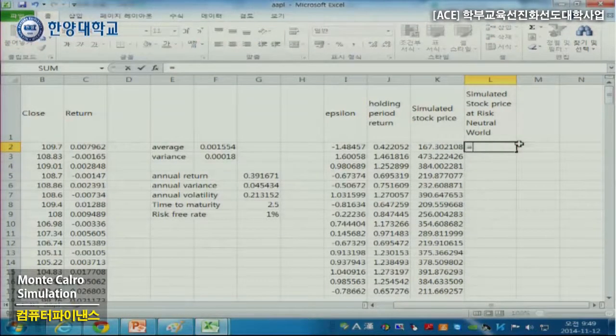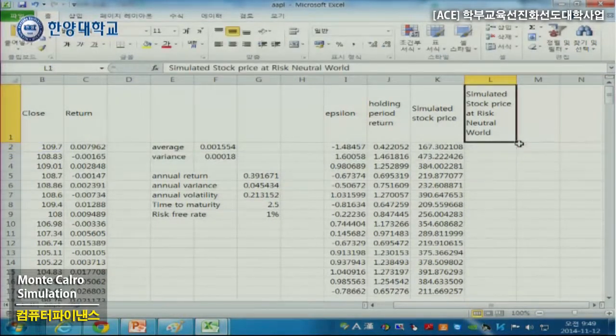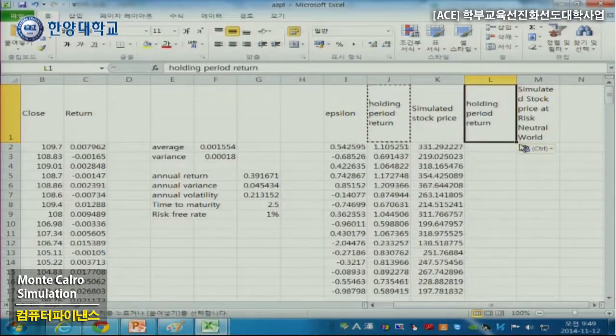So we have the stock price multiplied by, now we have to change, let's go one by one.